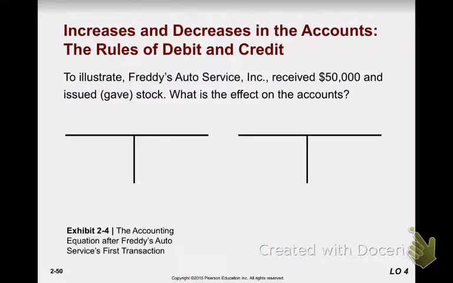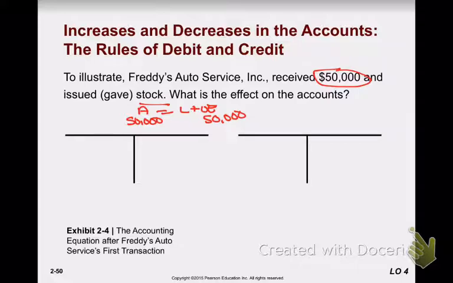So let's see what increases and decreases. Let's go back to our Freddy's Audio Service example. Here we have that $50,000 where we got stock. Remember our journal entry was assets equals liability plus owner's equity. We had $50,000 on the asset side, and then on the equity side for the common stock, we had $50,000 as well.